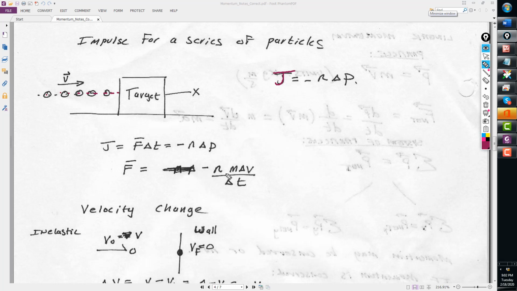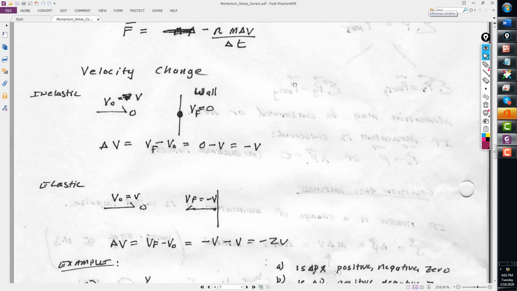The N just means there are many particles here, and we said J equals F delta t, which is the impulse, equals N delta p, and then you can divide that t over to this side, and you get negative N m delta v over delta t. And then, of course, we know that m delta v over delta t, there you're back to force again. So all of this ties together, and it seems like it's repeating itself over and over with these concepts, but it's just important to note.